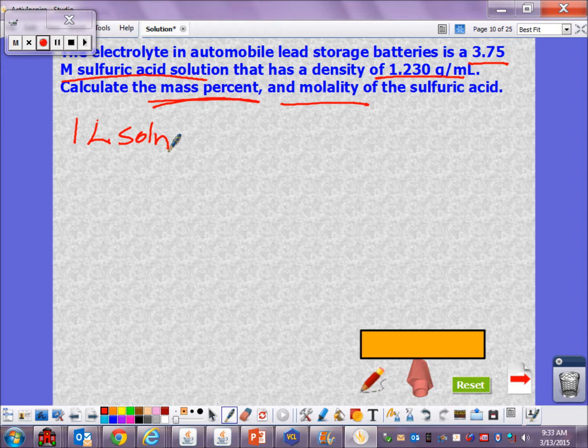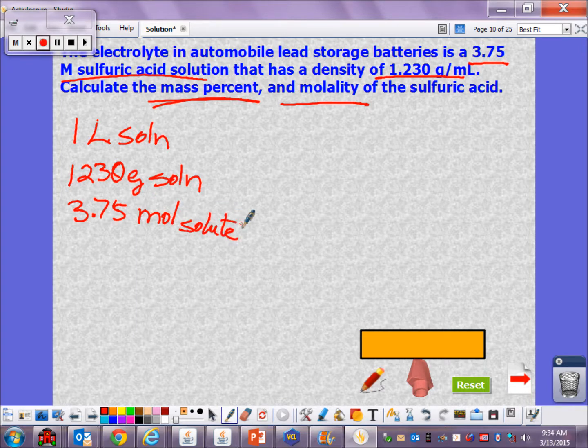So the grams of the solution is 1230 grams. And then they give me the molarity. If I assume 1 liter of solution, and I know molarity is moles per liter of solution, that means the 3.75 molar is really my moles of the solute.